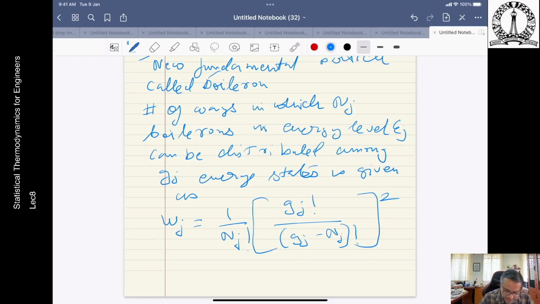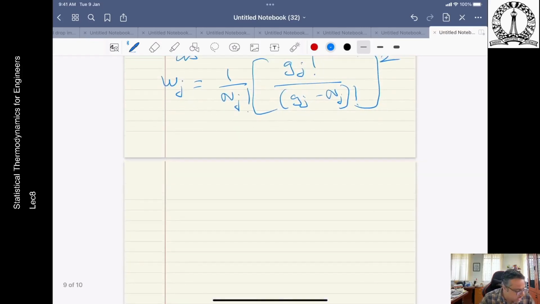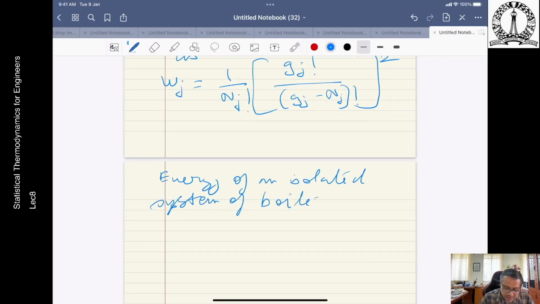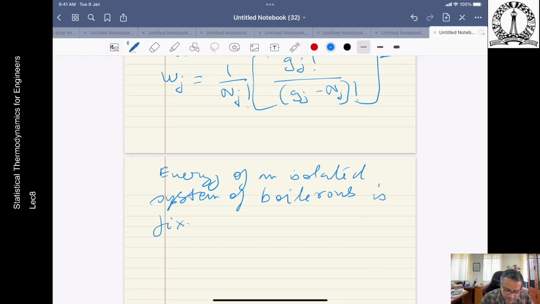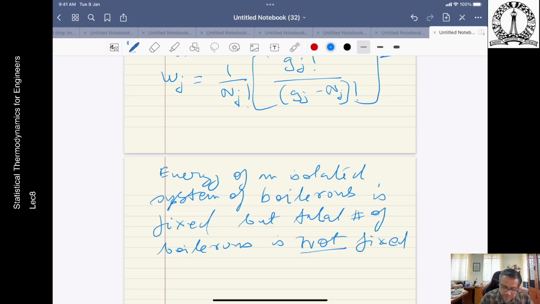So now the energy, what we know, the energy of an isolated system of boilerons is fixed, but total number of boilerons is not fixed.